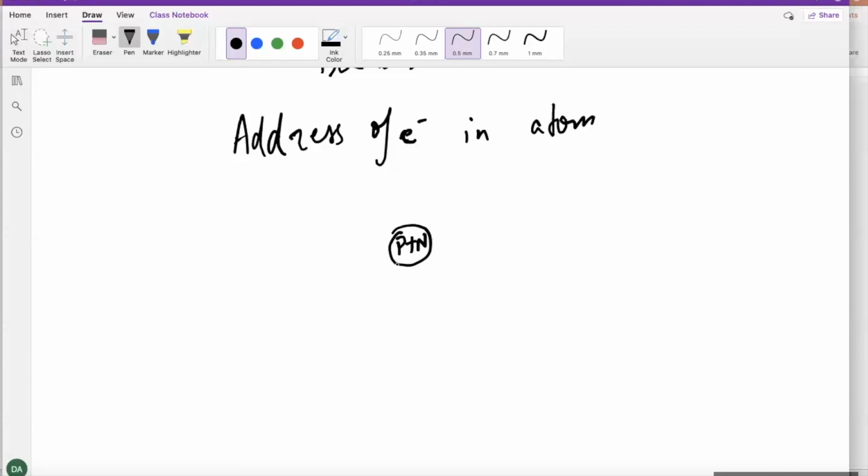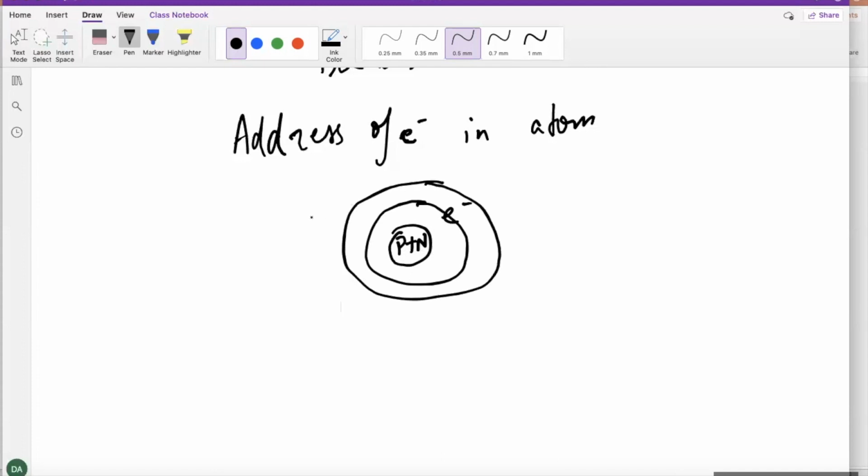This is where most of the mass of the atom is concentrated, whereas the electrons are sitting outside in these shells. There can be one shell, two shells, three shells, four shells, five shells, depending on how big the atom is and how many electrons it has. So electrons are sitting on these orbits or shells. So guys, these orbits are also called shells.